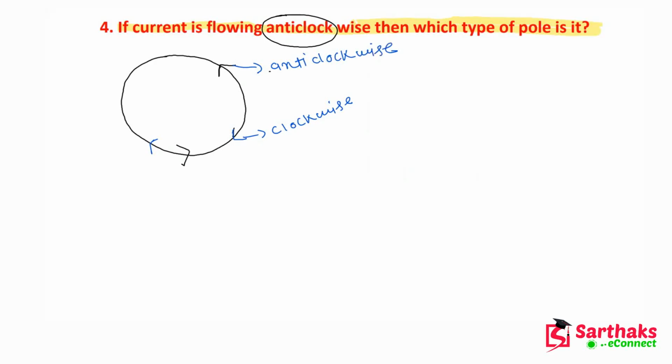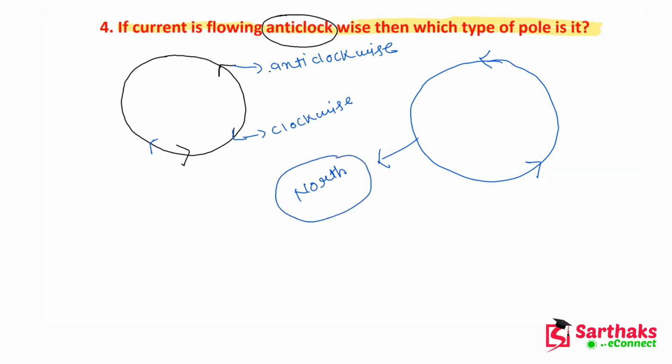So guys, the question is saying that the current is flowing anti-clockwise. Let me again draw this diagram. The current is flowing anti-clockwise like this. So which type of pole is it? We know that if current is flowing anti-clockwise, then that side of the circular loop makes a north pole.